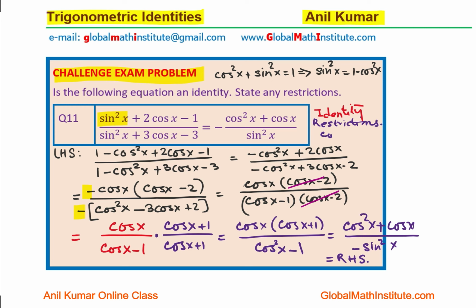Restrictions are that cos x is not equal to plus and minus 1, since we have those terms in the denominator. Is that clear to you, right? Of course, sin x is not equal to 0 either, right? So those are the two restrictions which we have to place on the given thing. I hope that makes sense, correct? So that is how you're going to prove this particular identity.